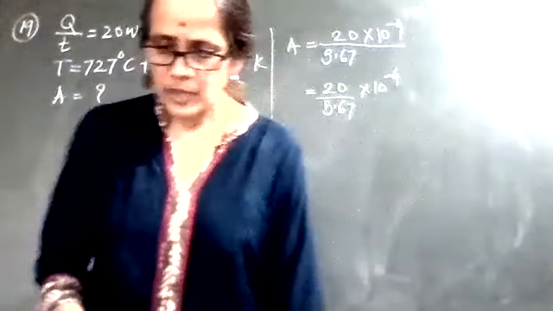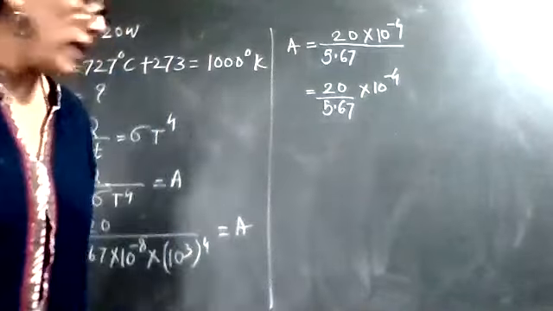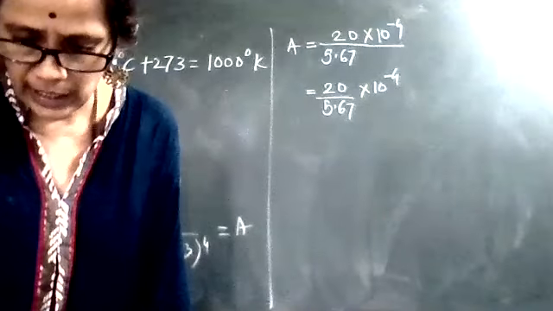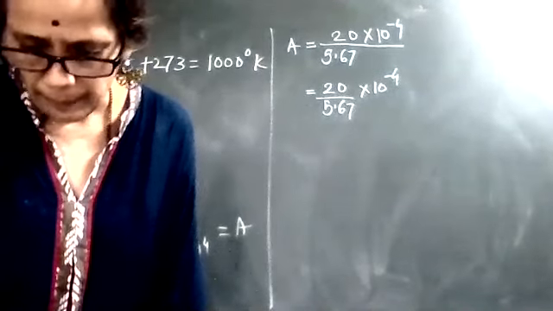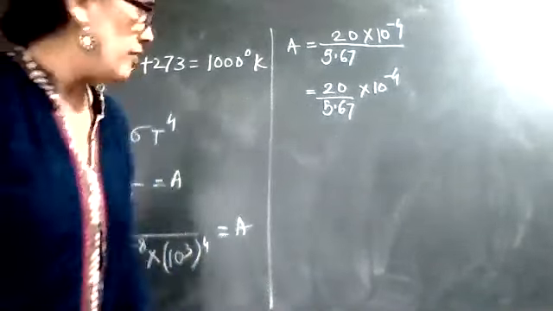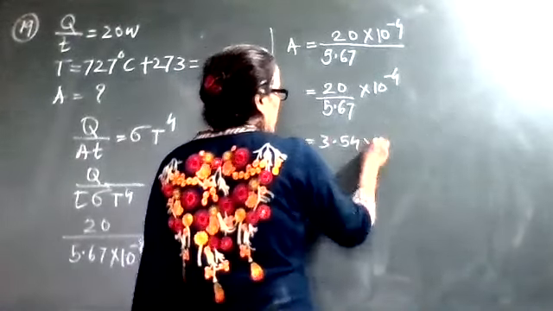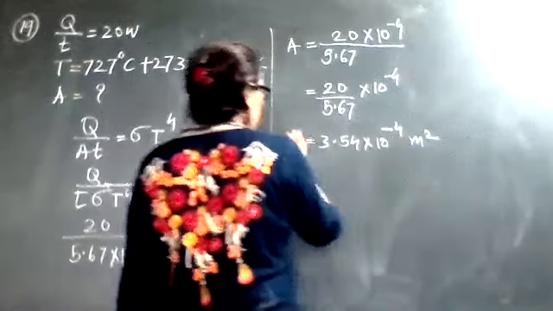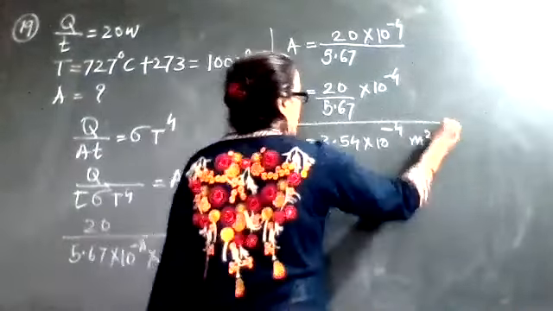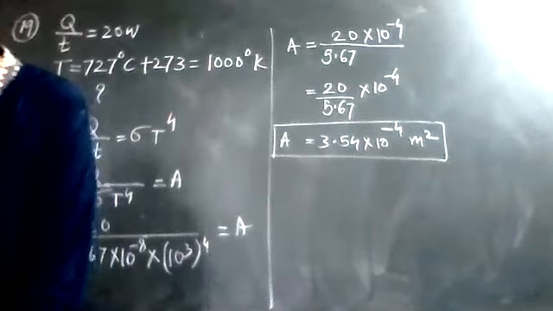Is it right? So now I can do that calculation here. 20 divided by 5.67. How much am I getting? 3.54. So 3.54 into 10 raised to minus 4 meter square. That is nothing but the area of that given hole. Getting?